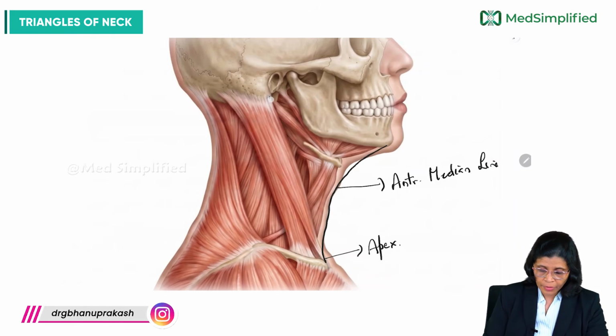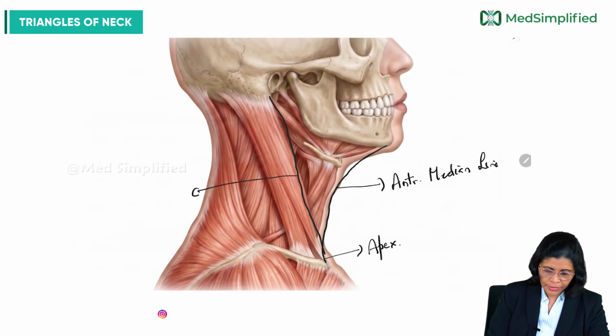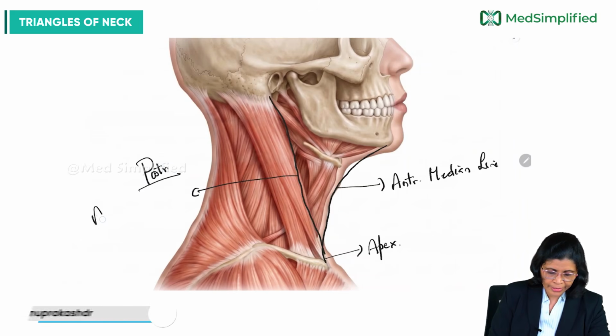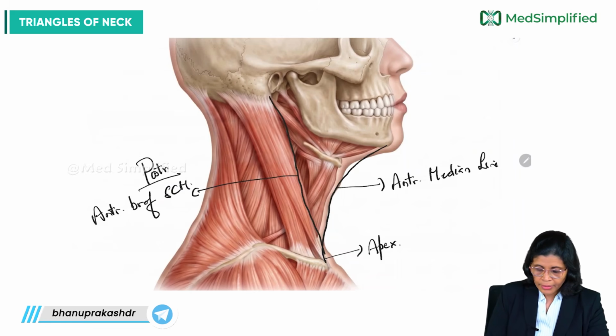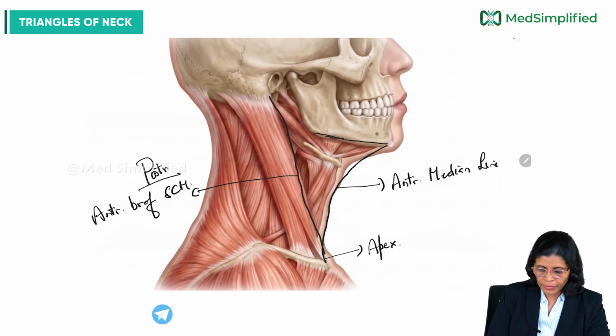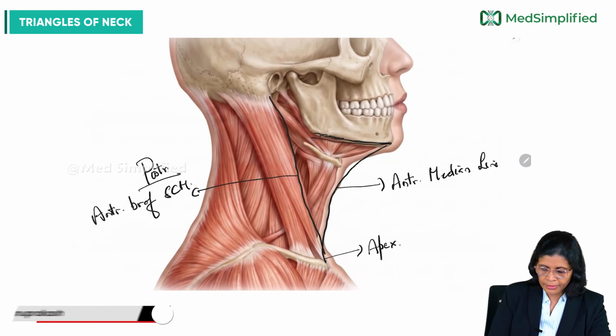The posterior boundary is formed by the anterior border of the sternocleidomastoid muscle. The base is formed by the lower border of the body of the mandible.